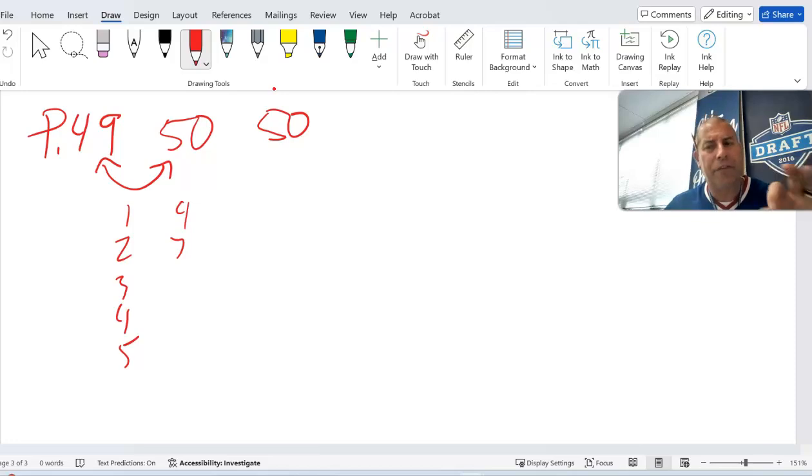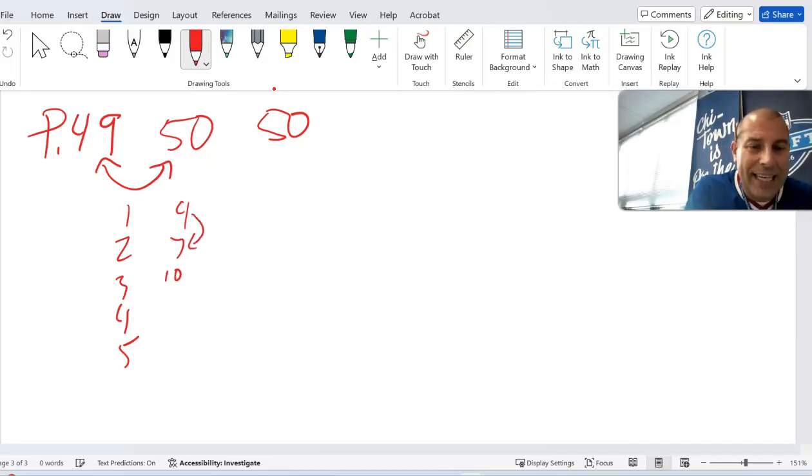I'm a big believer in filling in the table, even though it's part B. I think it's good to fill in the table because that's going to help me with the other situations. So if you count up the blocks in stage 3, 3, 6, 9, one more, that makes 10. So we should be seeing that each time we're going up by 3, which means that's going to give me a 13, which means that'll give me a 16.